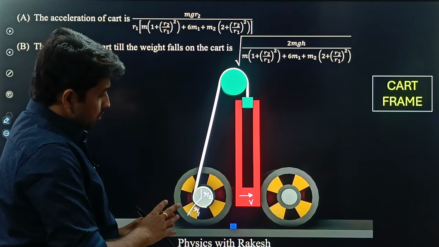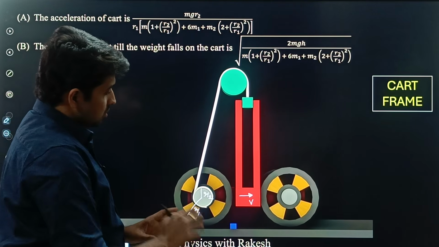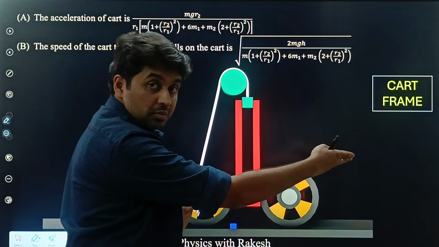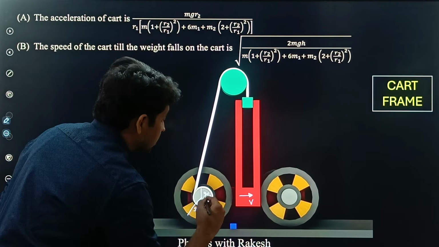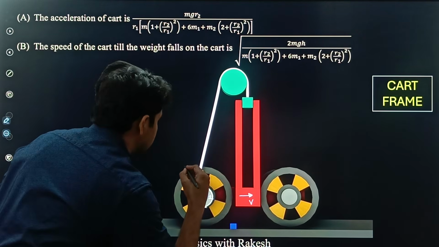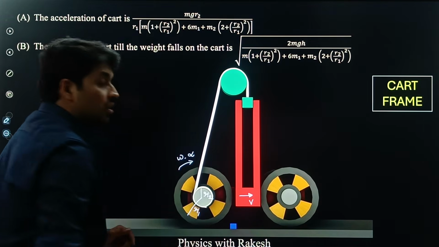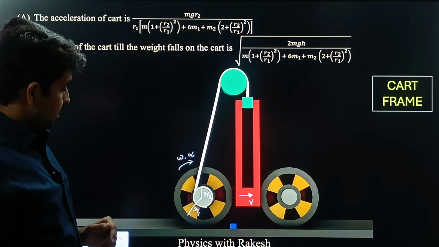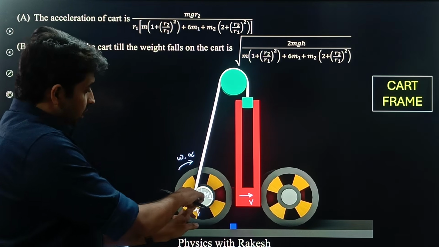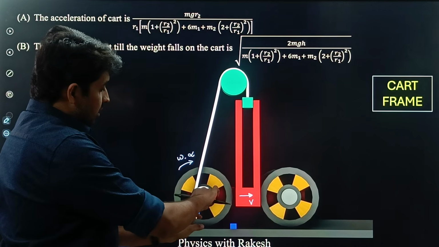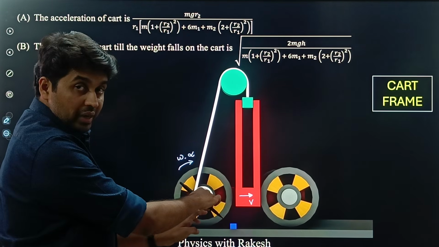See, in the cart frame, suppose this is moving with speed V, and suppose these wheels have angular speed omega and angular acceleration alpha. So in the frame of the cart, if this is rotating, the speed of this will be R2 into omega.